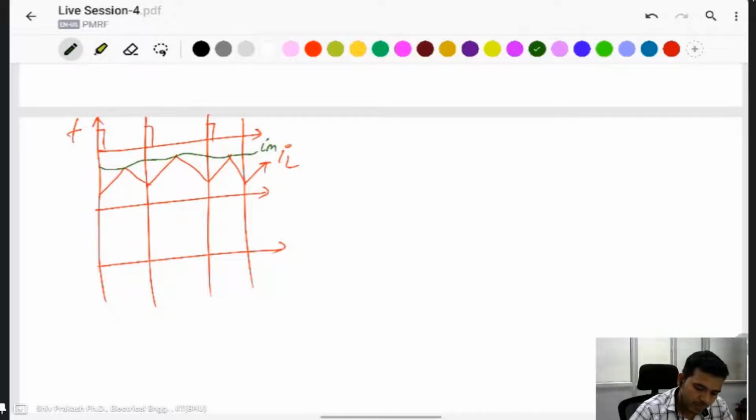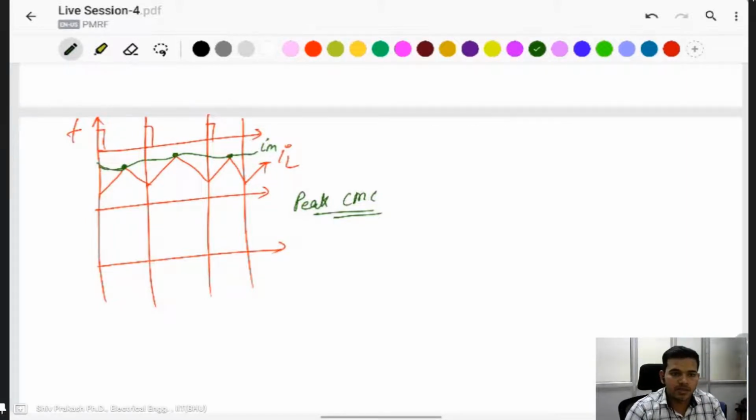You see here peak CMC, I will choose first here, because the peak edges occur here, when the turn off, turn on condition. That's why it is known as peak CMC, peak current mode control.